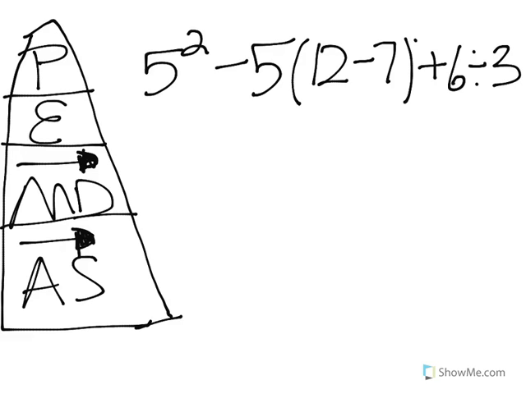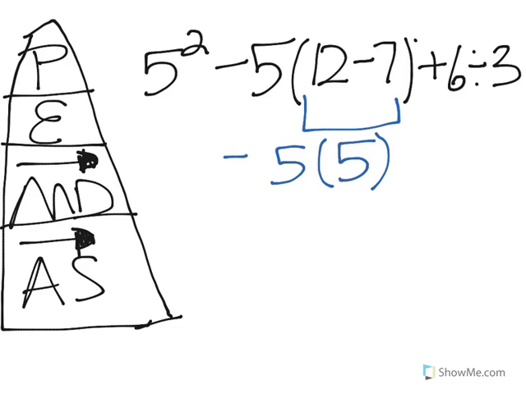Okay? And the most common way to solve order of operation problems is using the bring down method. So we're just going to bring it down. So the first thing we have is parentheses. So we're going to do 12 minus 7, and that is 5. Bring everything down. Okay? Everything comes down.